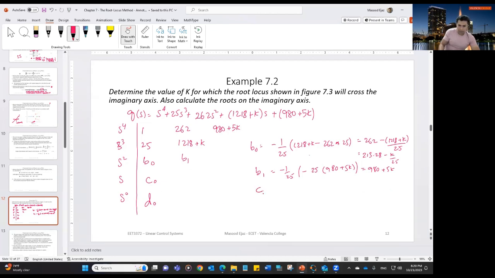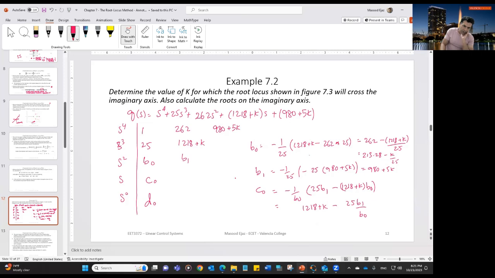And then C naught is going to be negative 1 over B naught times 25 times B1 minus 1218 plus K times B naught. So that's going to give us 1218 plus K, B naught and B naught cancel out, minus 25 B1 over B naught. I'm doing it correct.